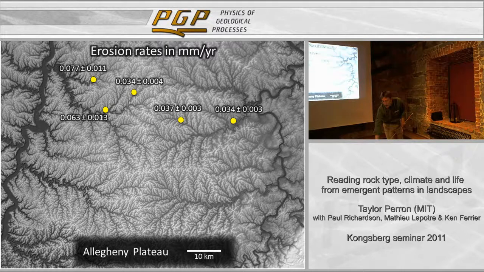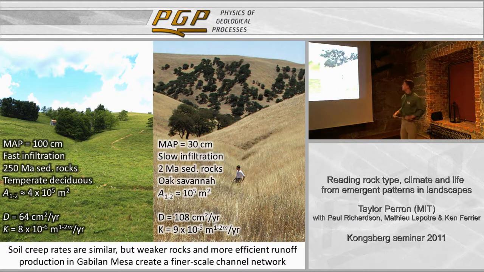Okay, so now we can go back and compare the individual rate coefficients from these two landscapes. And the main thing to point out is that the hill slope diffusivity varies by less than a factor of 2. And these are pretty comparable to rates that have been measured for these coefficients in other temperate landscapes previously. The thing that's really different is the efficiency of stream incision, which differs by about an order of magnitude between them.